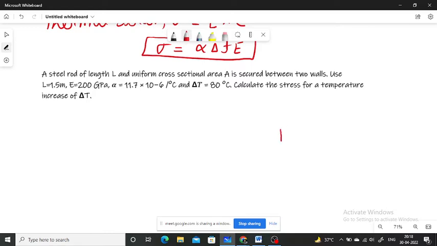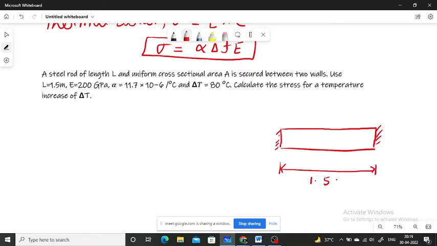Here is a steel rod whose length is given as L, secured between two walls, meaning it is fixed at both ends. Here the length is given as 1.5 meters, and the modulus of elasticity is 200 gigapascal. The coefficient of thermal expansion is 11.7 into 10 to the power minus 6 per degree centigrade, and the change in temperature is 80 degree centigrade.